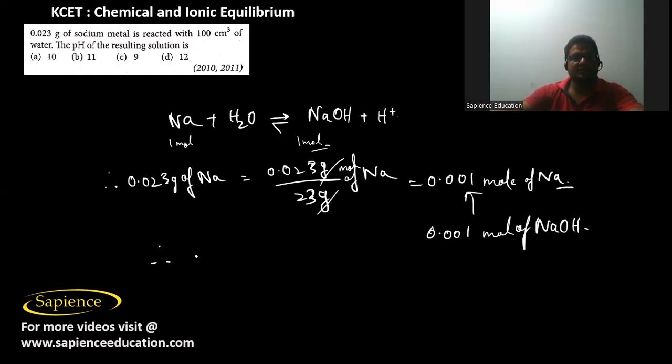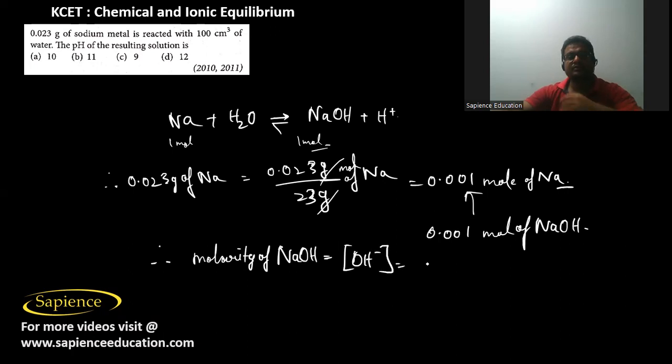So therefore, the molarity of NaOH, which will be same as the concentration of hydroxide ion, will be equal to the number of moles of NaOH, that is 0.001, divided by the net volume of the solution, which is 100 ml, 100 centimeter cube.